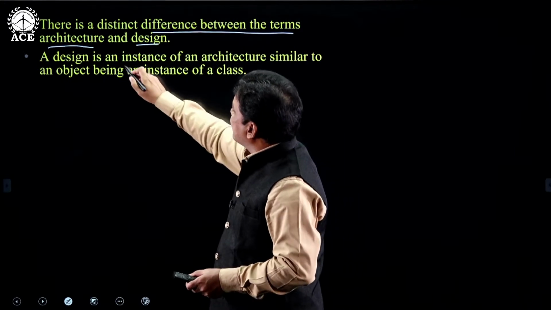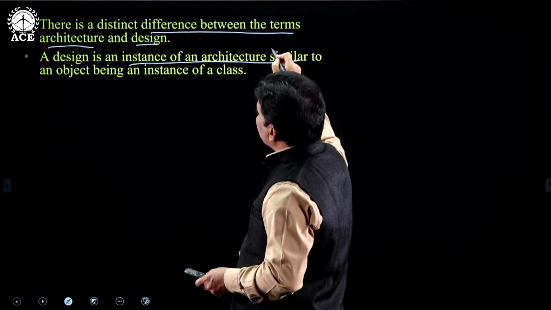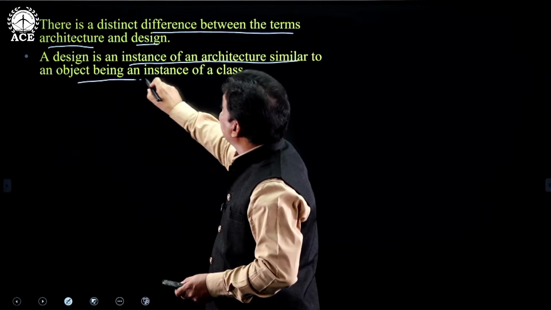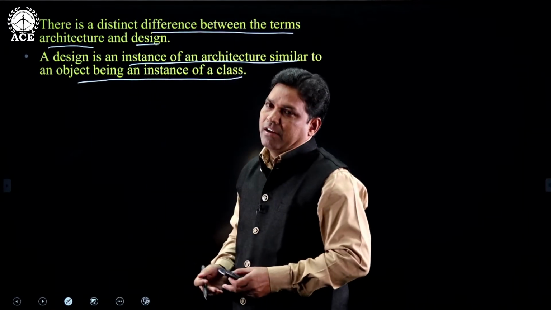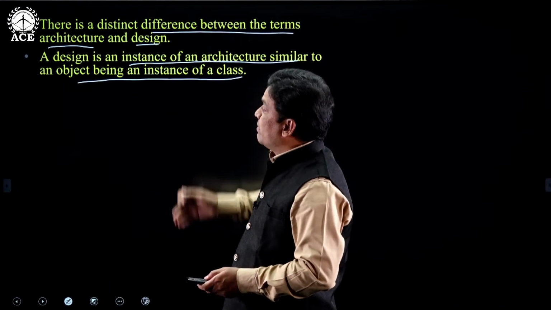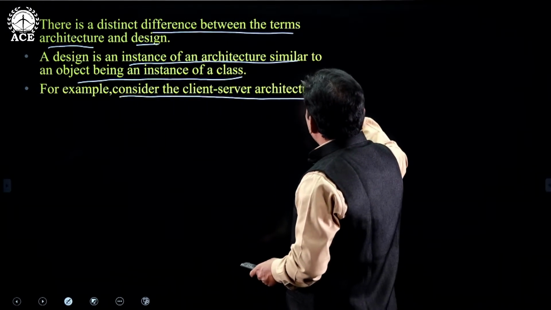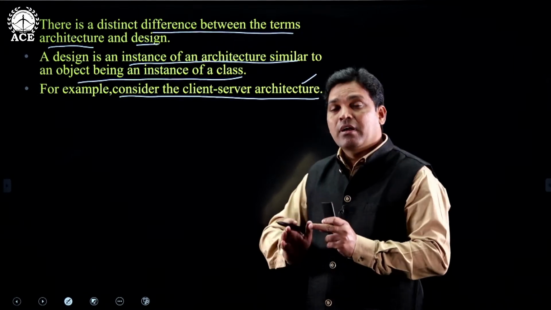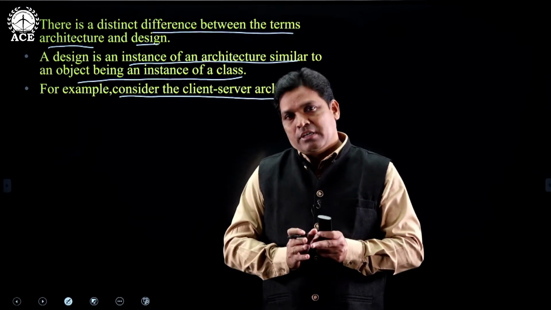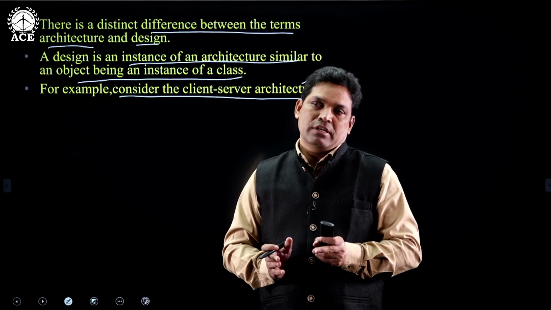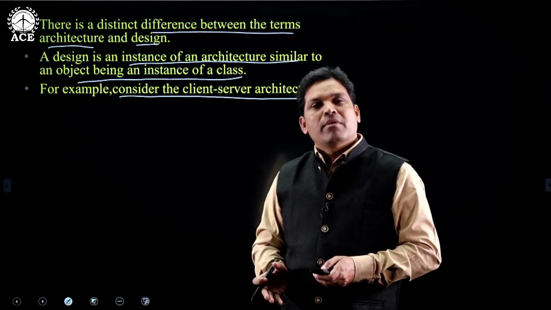A design is an instance of an architecture, similar to an object being an instance of a class. So what is the difference between design and architecture? For example, consider the client-server architecture. The architecture will be one. From the single architecture, different design models can be generated.